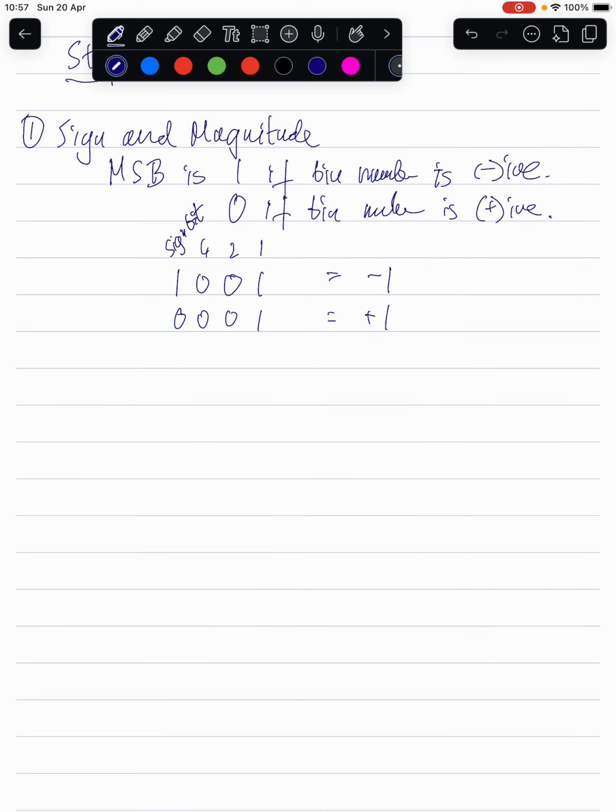Okay. While we're there, what is the biggest binary number in 8 bits using sign and magnitude? I think this is a good way to check your understanding. The biggest number is going to be a positive number.